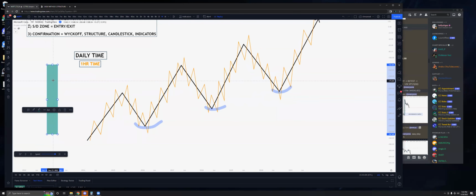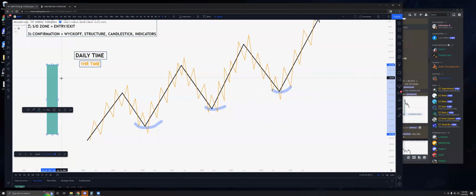So what do we do as traders? We want to dissect that candle. What do I mean by dissecting? We want to open it up. When we open up that candle, we see more candlesticks. How do we do that? We lower our time frames. We want to see what caused this whole bullish candle.